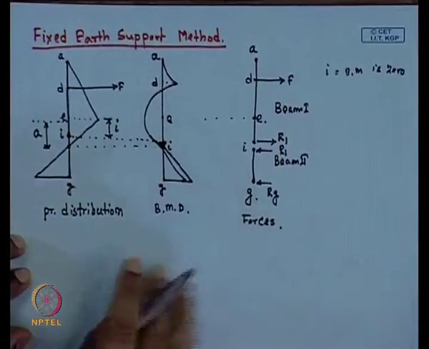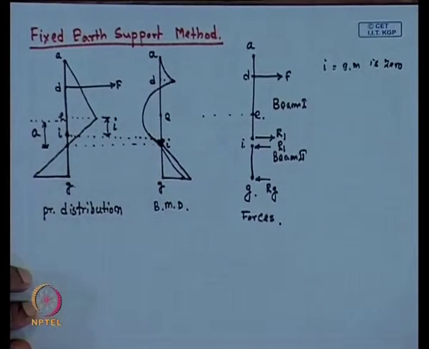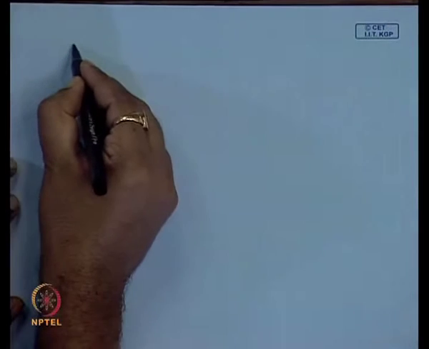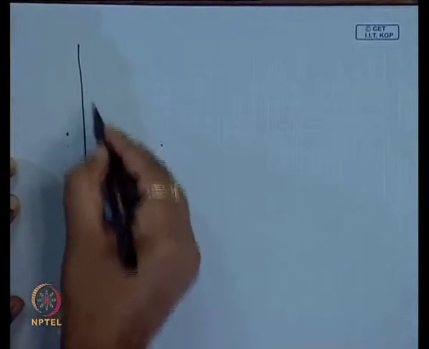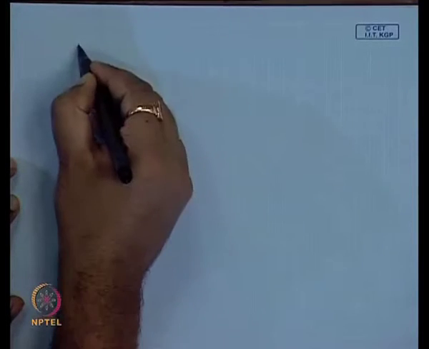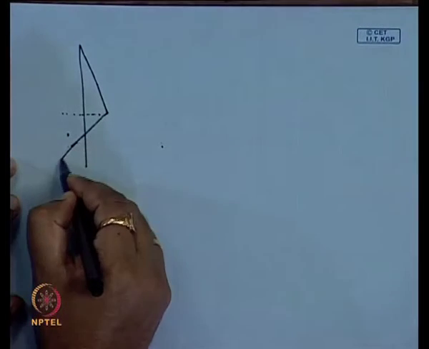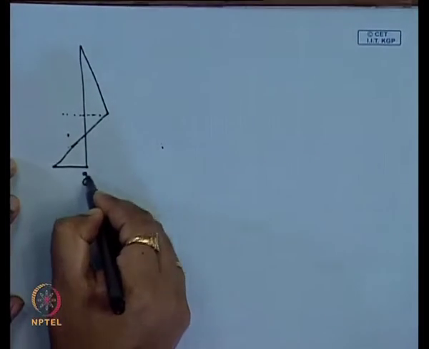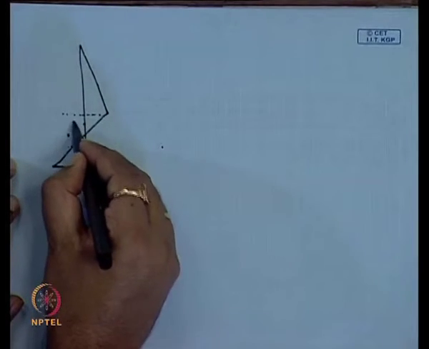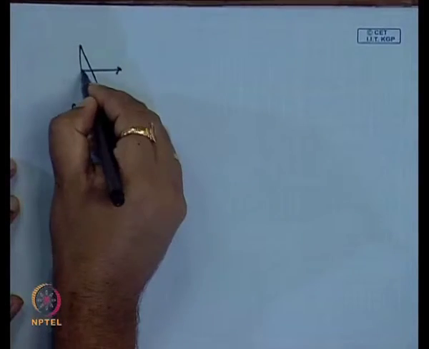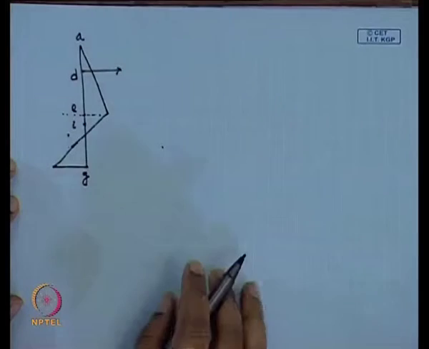Okay. Now, if I consider these two things and simplify how to calculate these forces, first I consider the same distribution. This is the dredge level, then this is G, this is maybe the I point, this is the E point, the anchor force is acting at the D point, and this is the A point.